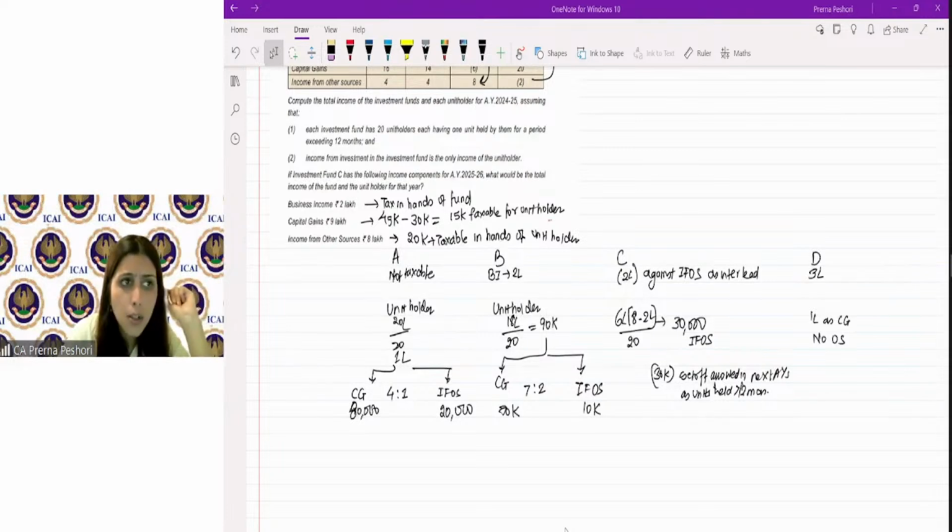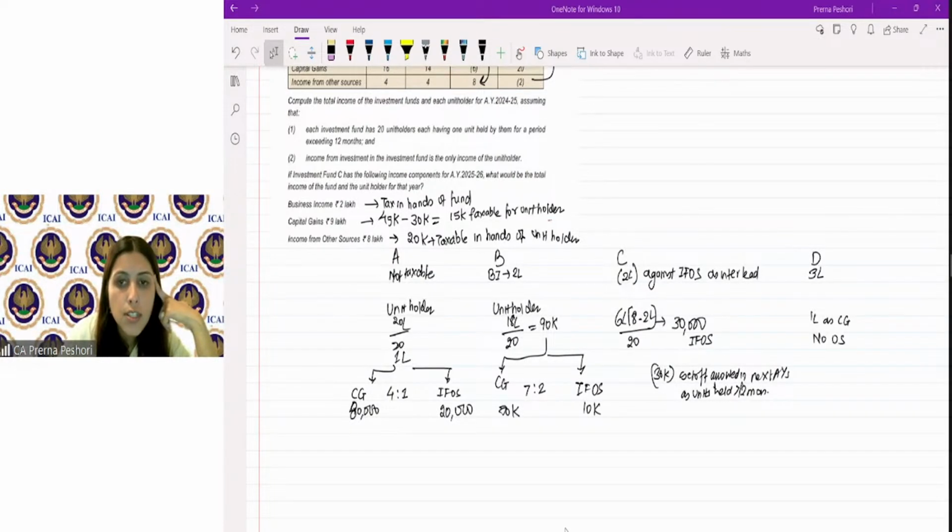We will do it tomorrow or whenever we have the next class. We will first complete REIT, of course, and then start with the charitable trust. But for now, we will start with the private trust.